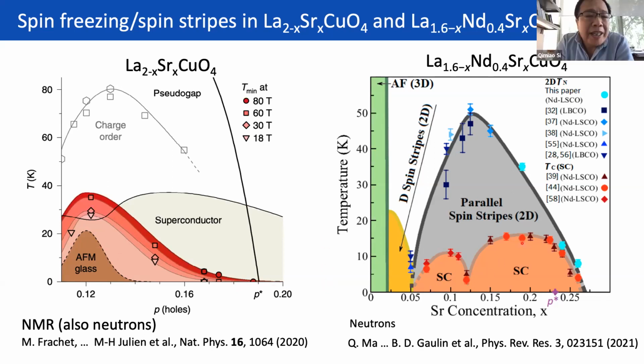Steve, can I ask whether this is only for LSCO or whether other cuprates also show this? Good question, Kim. Yeah, I don't know. The answer to that may come to me later on, but I don't know if similar measurements have been done on other things, but maybe someone can correct me. Not with field, but this freezing phenomenon occurs in other cuprates. Yeah, so the zero field part does.